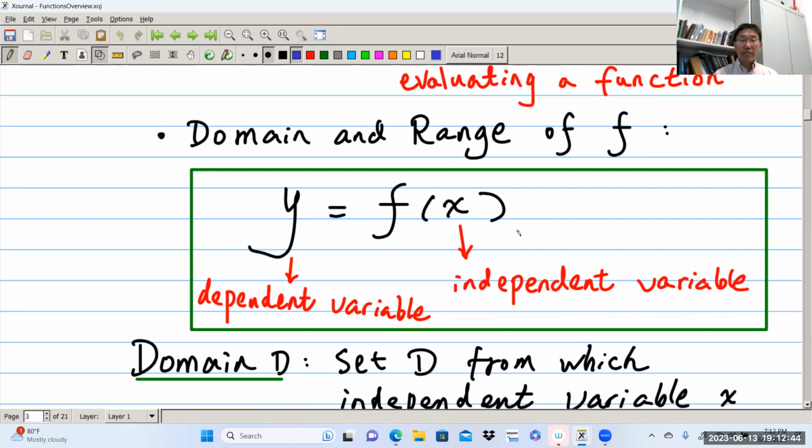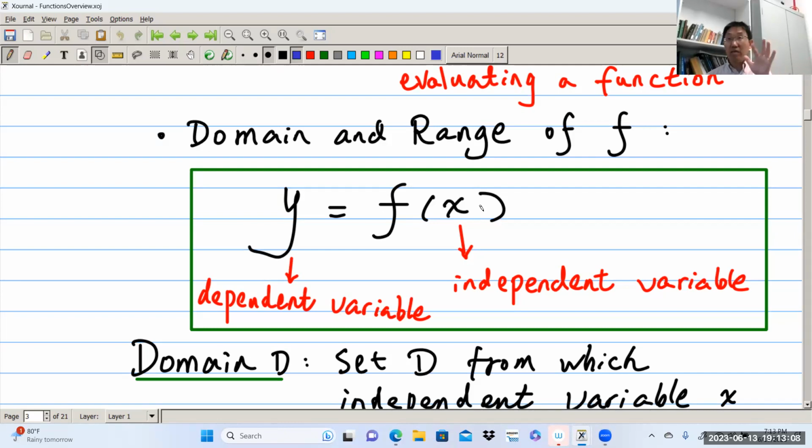When you write down this notation for the function, y equals f of x, this x is called an independent variable that represents the input. And y is called a dependent variable that represents the corresponding output.